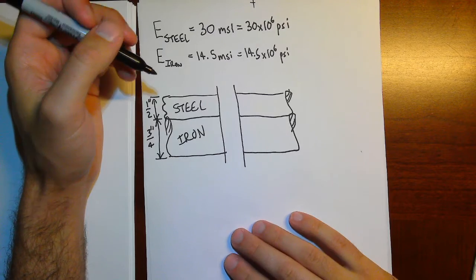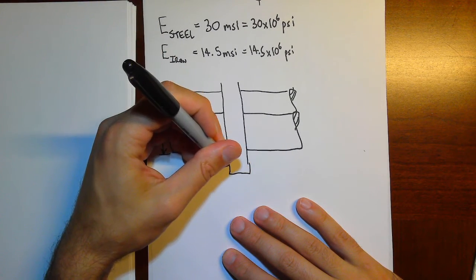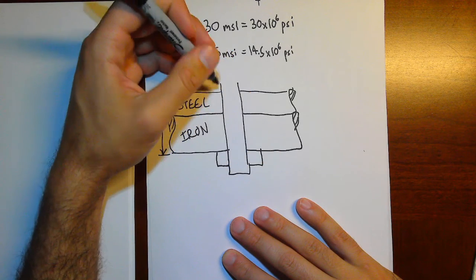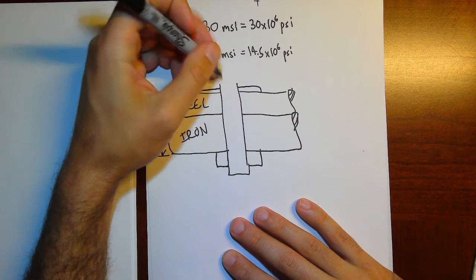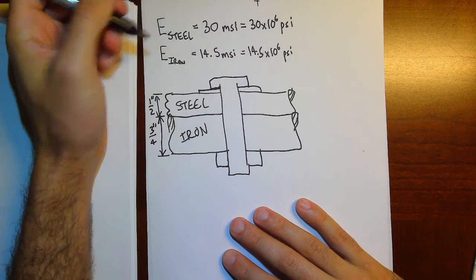Okay. And then we have our bolt going through all of that. There's a nut on this side, the washer here, some size, and there's the head of the bolt on top of that.